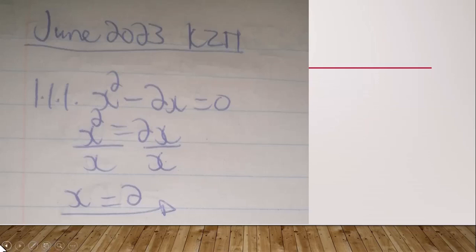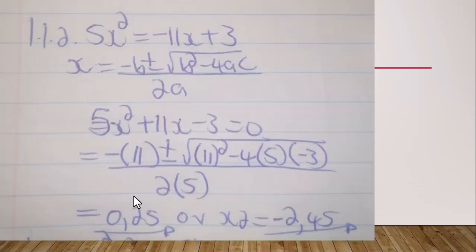And by doing that, I know that the exponent here is 1. And when I divide, I subtract the exponent. 2 minus 1 will give you 1. x into x goes once. Therefore, your x will be equal to 2. This was a straightforward question that didn't require much work.